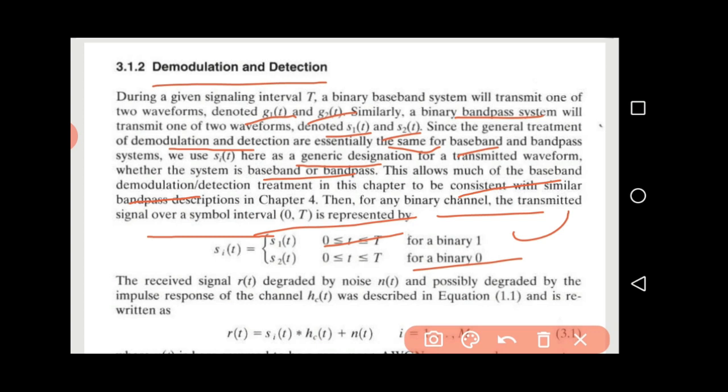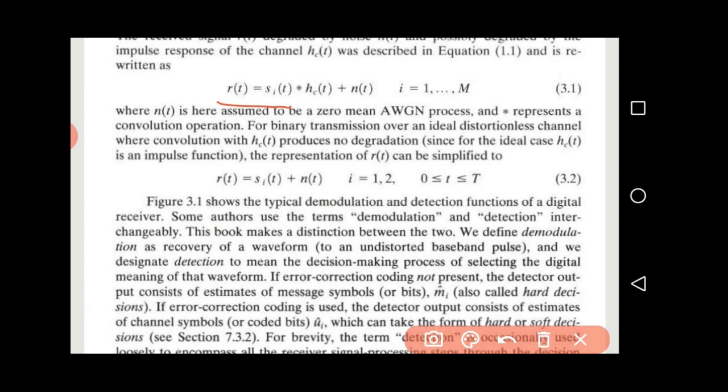The received signal r(t) is degraded by noise n(t) and possibly degraded by the impulse response of the channel, that is hc(t), which is given as r(t) equal to si(t) convolved with hc(t) plus n(t), where i can be 1 to M. Here n(t) is assumed to be a zero mean AWGN process and the star means the convolution operation.